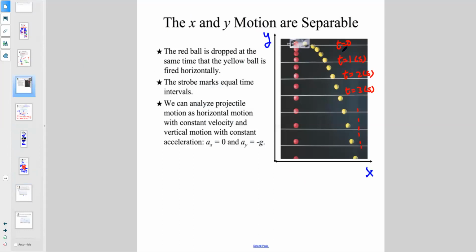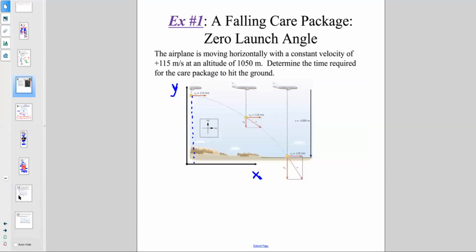Okay, at time equals 0, the freely falling object, which is the red ball here, will be in the exact same position vertically, or along the Y direction, as an object that is being pushed or moving in two directions, both X and Y. So along Y, we can find the time.